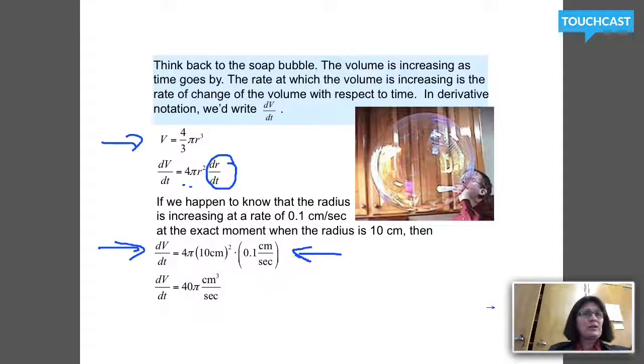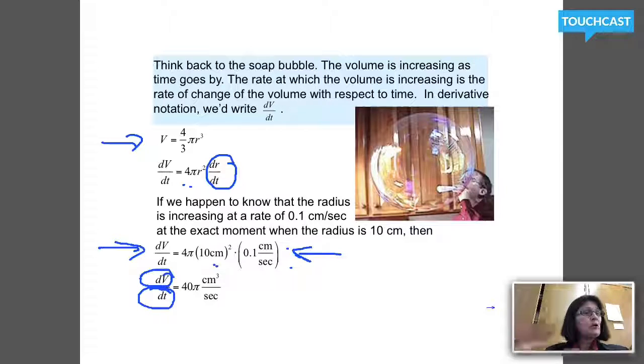Notice these units. Where do these units come from? Cubic centimeters per second. This was centimeters times centimeters times centimeters per second. So centimeters cubed per second, divided by seconds. That's how I get those units. But then think about what that means. Those units have to match what would make sense for a rate of change of volume with respect to time.